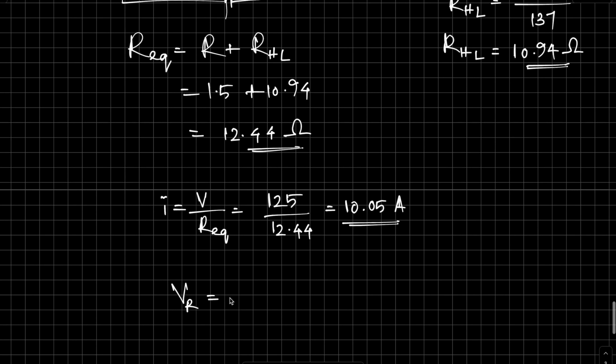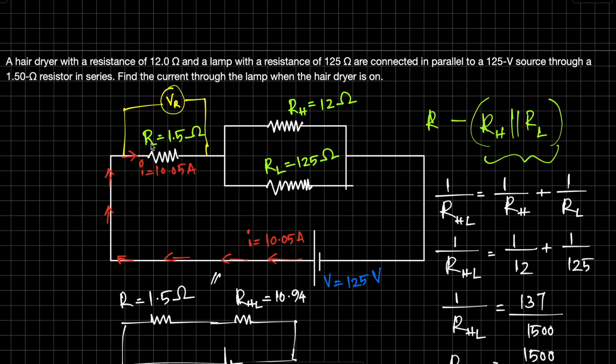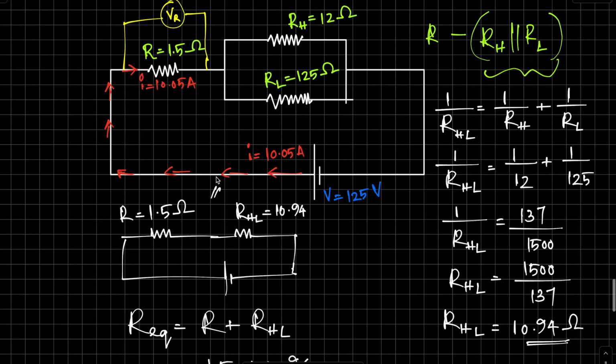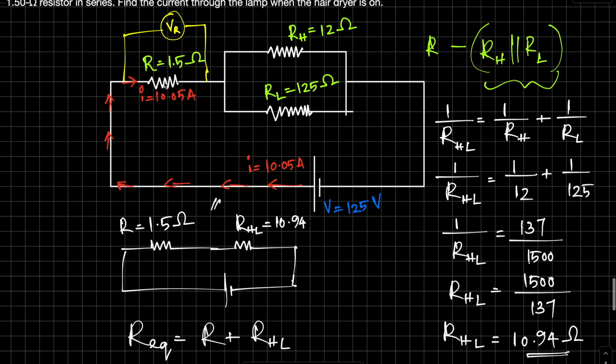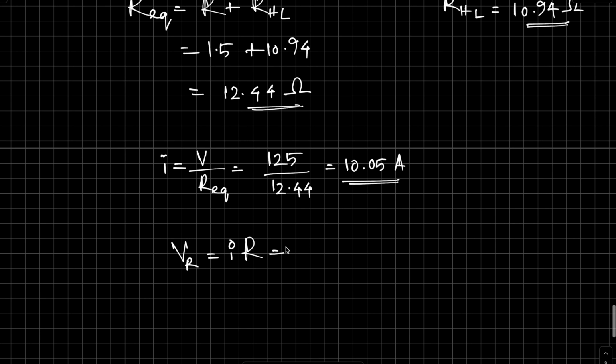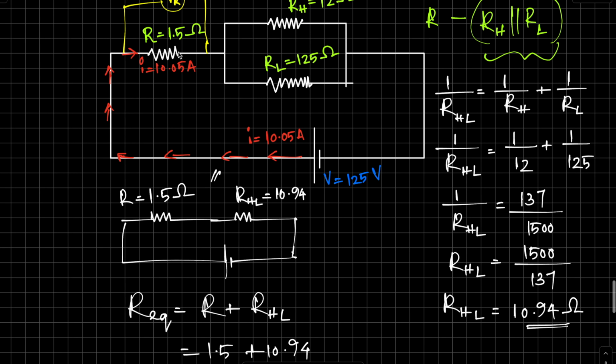V equals IR. Multiply these two numbers, you'll get the voltage drop across this resistor. Ohm's law, I times R. I is 10.05 and R is 1.5.